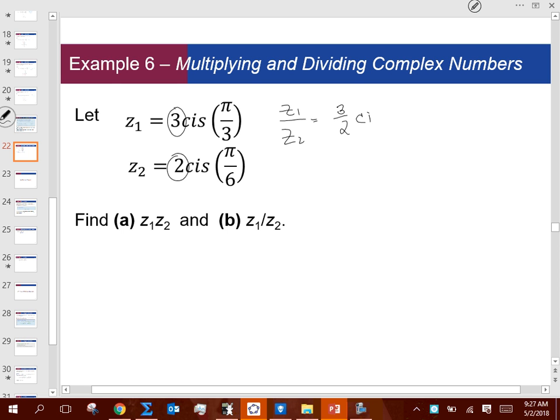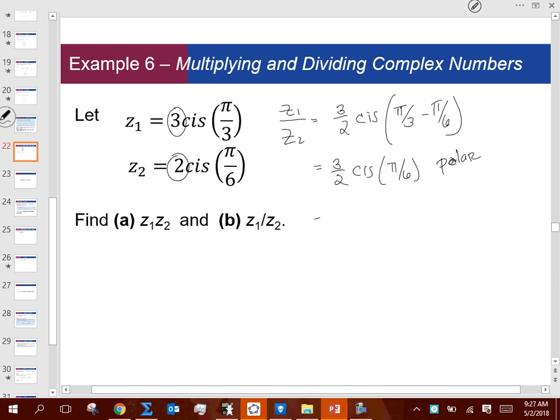And then I go cis, and now I'm going to take pi over 3 minus pi over 6. Pi over 3 minus pi over 6, just pi over 6, right? So we get 3 halves cis pi over 6. And that's my answer in polar form.